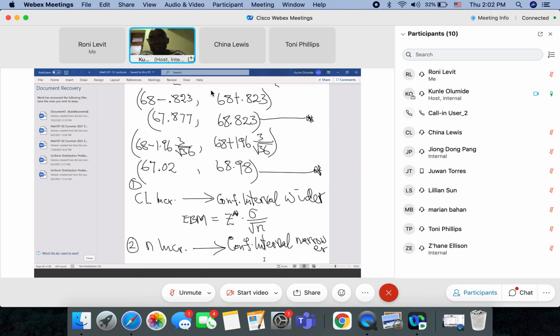If you increase the sample size n, the confidence interval goes the other way, meaning the confidence interval decreases, it becomes narrower.